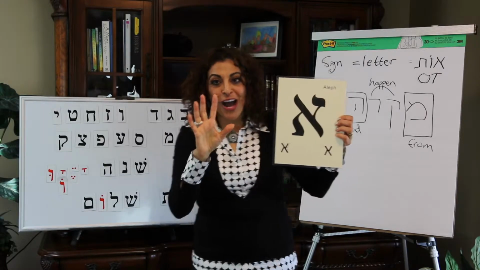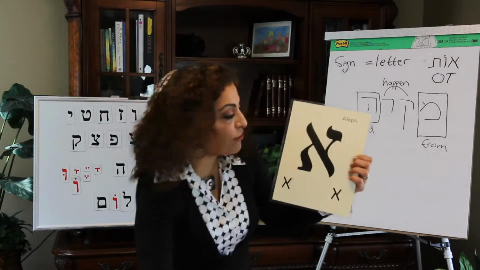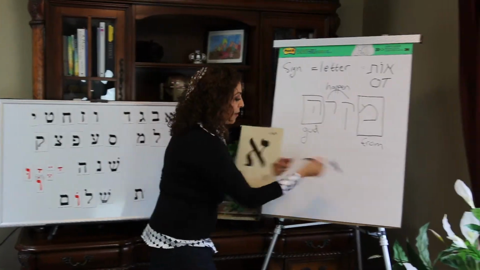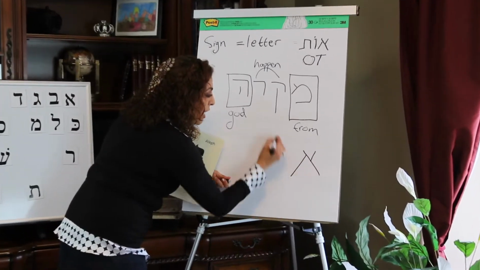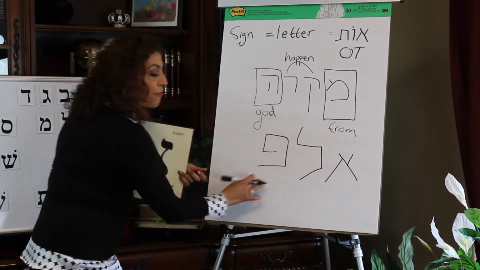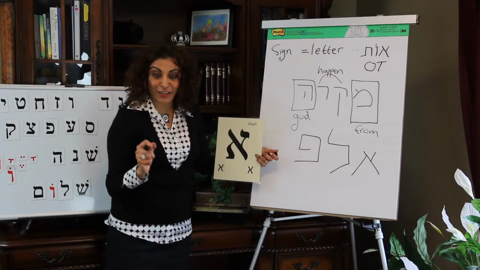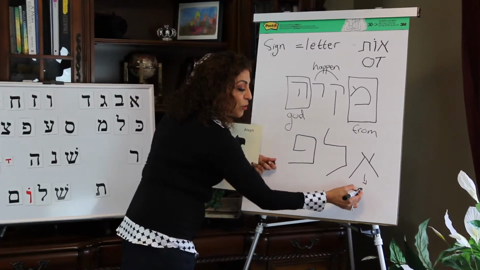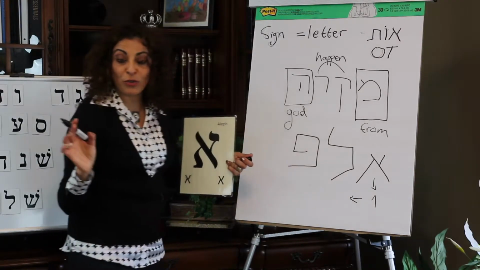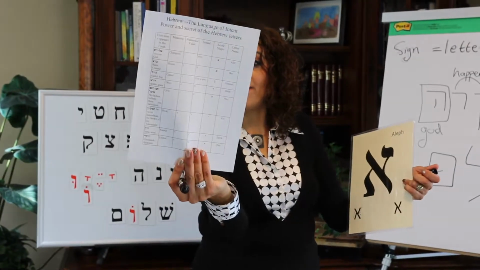Now, I want to show you how beautifully this comes to life. If we were to write the word Aleph, we're just going to spell it out. This is A, this is Le, and this is F. Aleph. If we take the numerical value, Aleph equals 1. Lamed, if you look at your notes, what does Lamed equal? Everybody look here at these notes, so we know nobody's making a mistake.